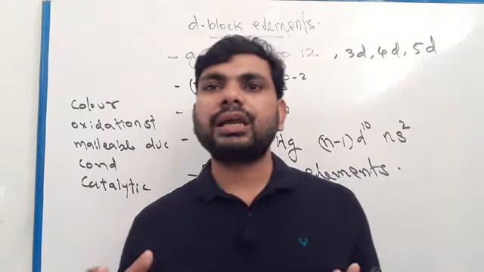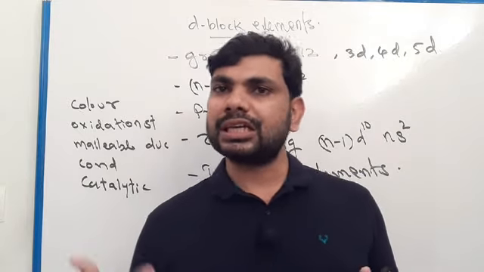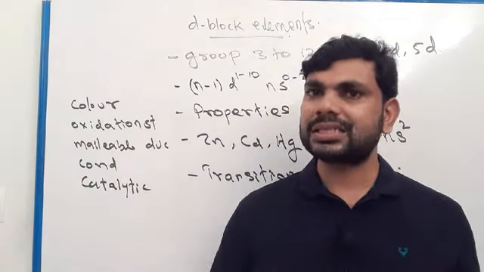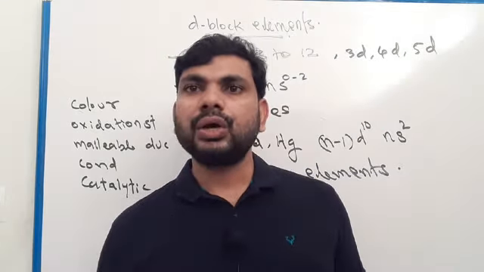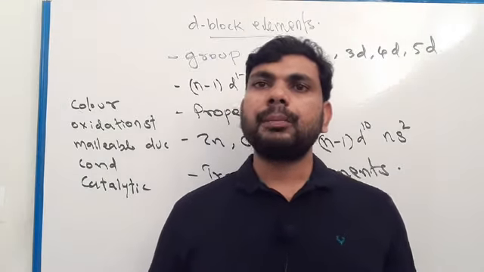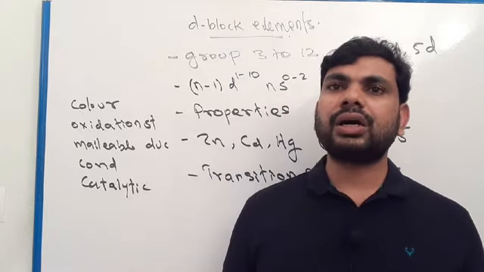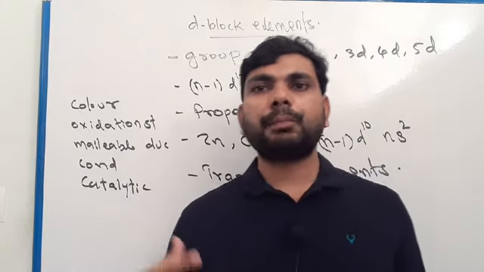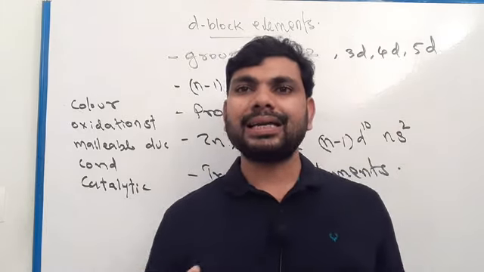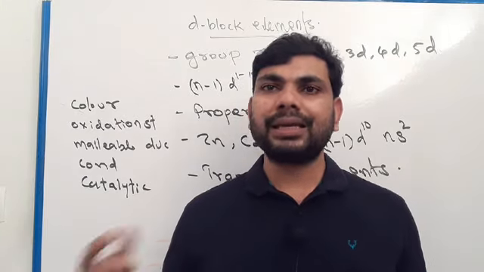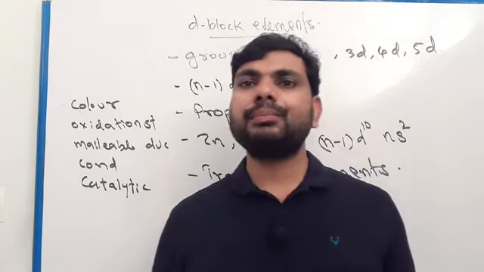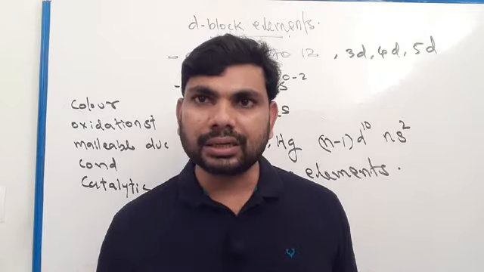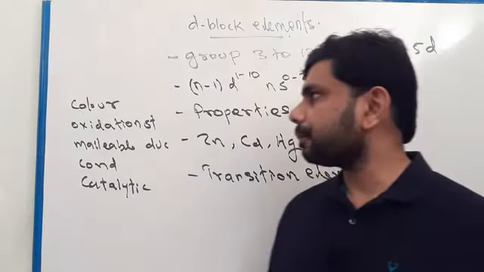And D block elements make colored compounds. Generally D block elements are colorless, but they make colored compounds. Example, copper sulfate is blue, potassium dichromate is orange, potassium permanganate is purple. They contain manganese in potassium permanganate and chromium in potassium dichromate. These are D block elements and they make colored compounds.